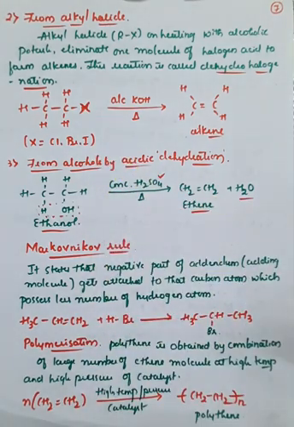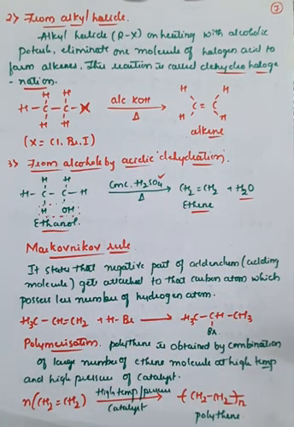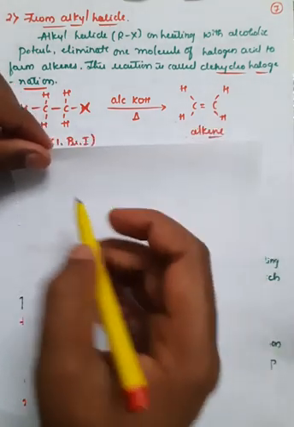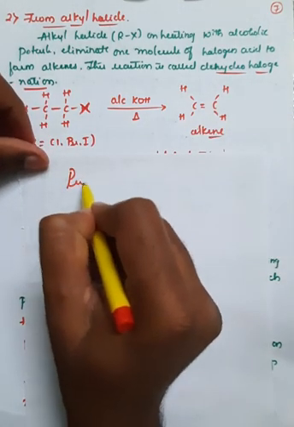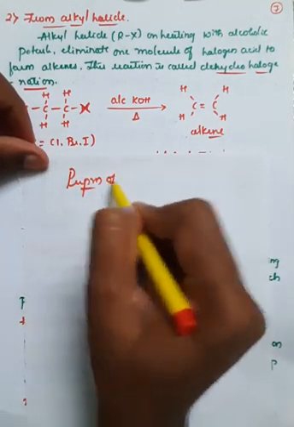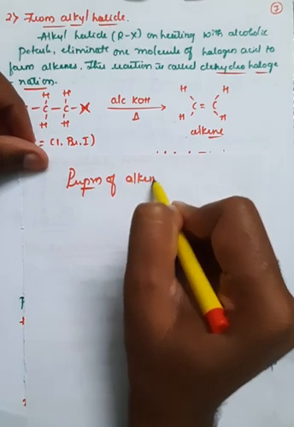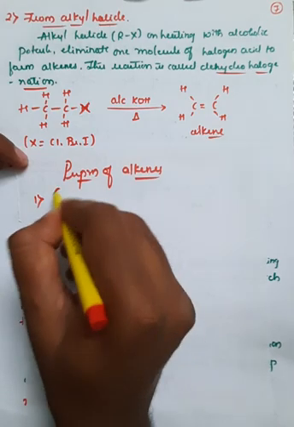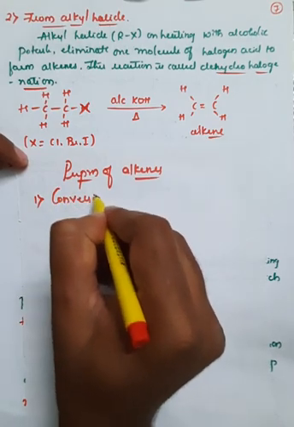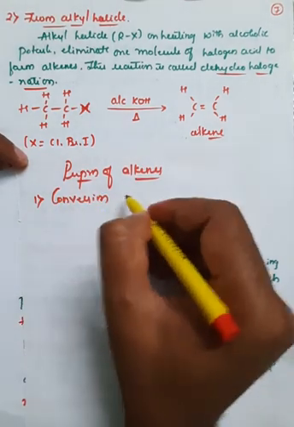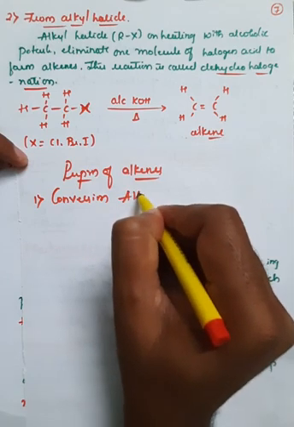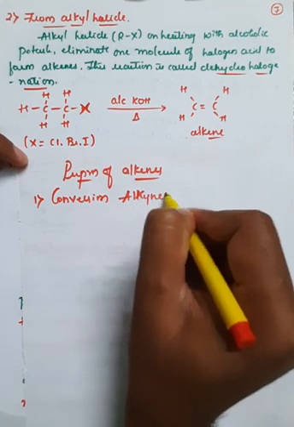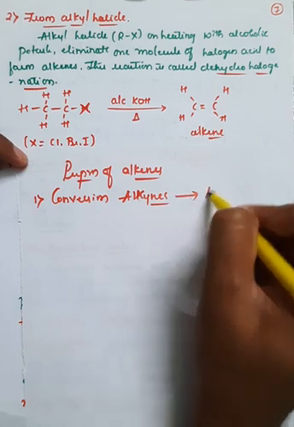We'll do a bit of rough work here and we'll see. The first one, in case of preparation of alkenes, is a conversion reaction: the conversion of alkynes to alkenes.